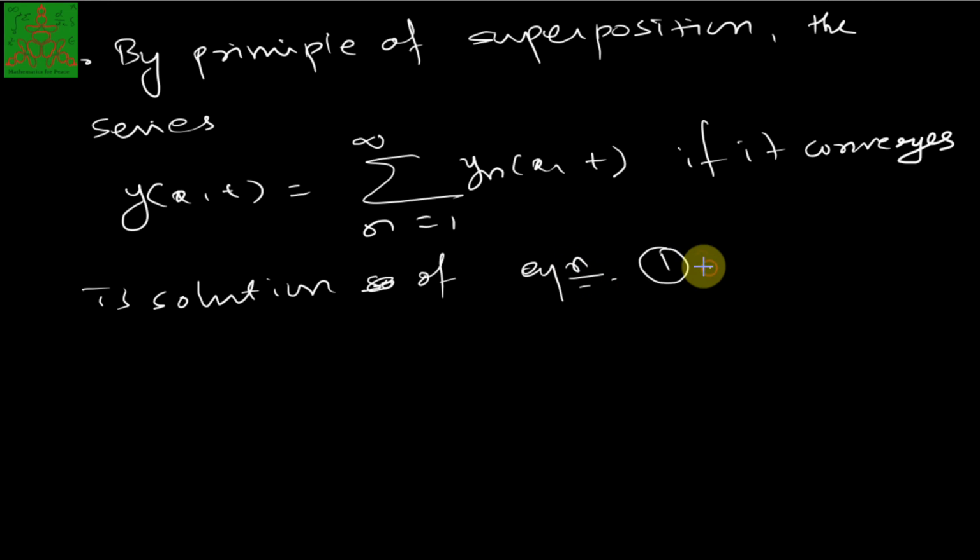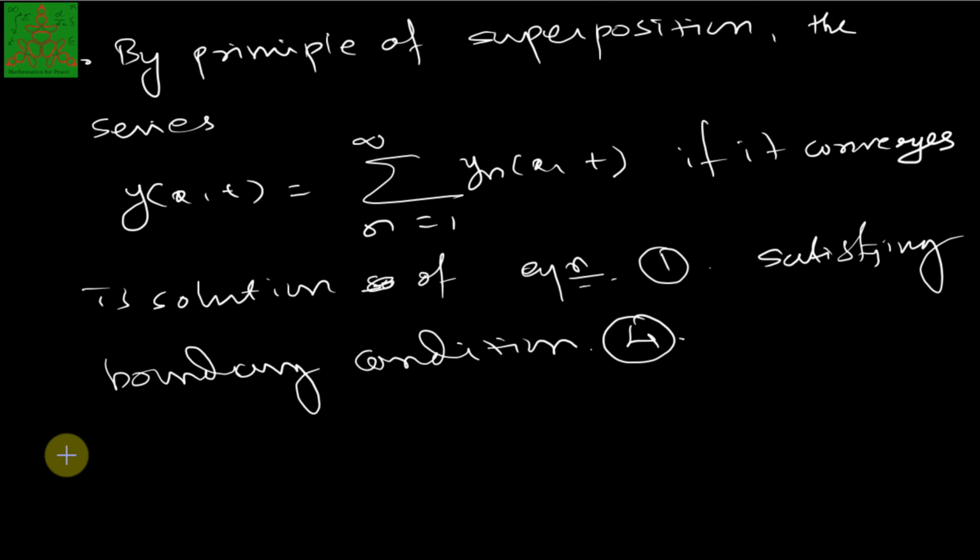That means the given wave equation will also satisfy the boundary conditions. In fact, we also assume that term by term differentiation is possible and derive the convergence.